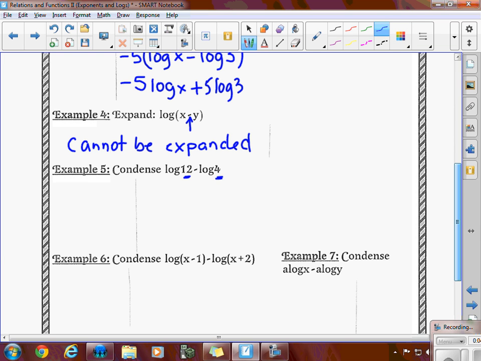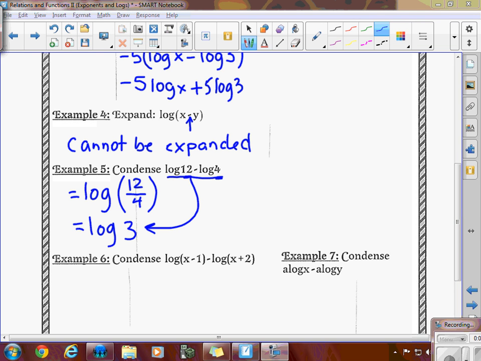So this would simplify to log base 10 of 12 divided by 4. And if I look, I could simplify the stuff there. It would be log base 10 of 3. So log base 10 of 12 minus log base 10 of 4 equals log base 10 of 3.